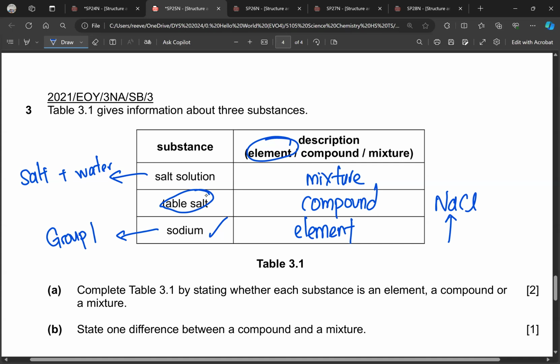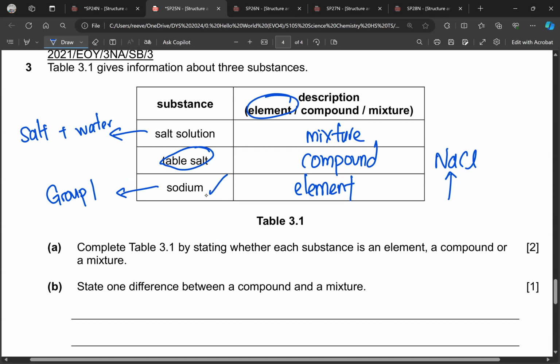It's made out of a metallic element, sodium, chemically combined to chlorine. So there's no way you can take the sodium metal out from the salt, right? Unless you use electricity, then it's a different story. But over here, needing electricity means compound already. You need a lot of electrical energy. So just nice, one each: element, mixture, compound.